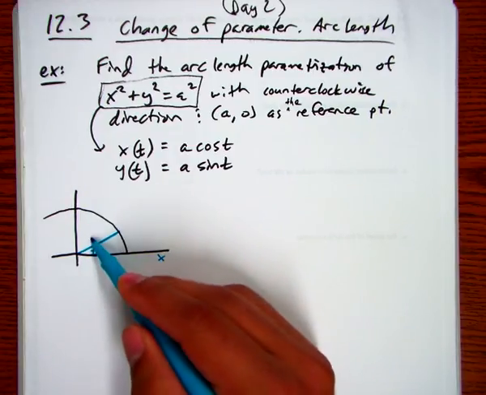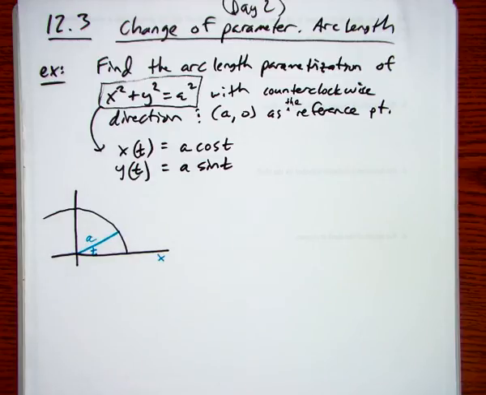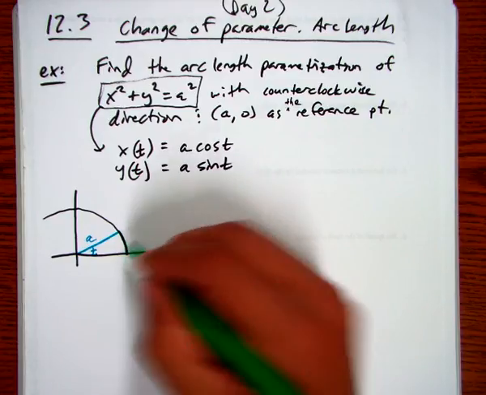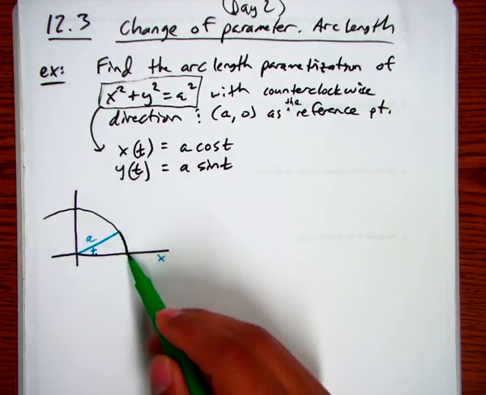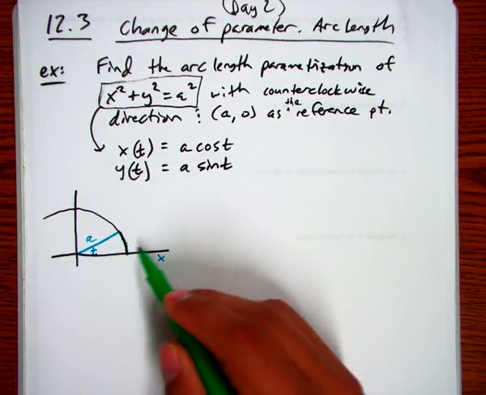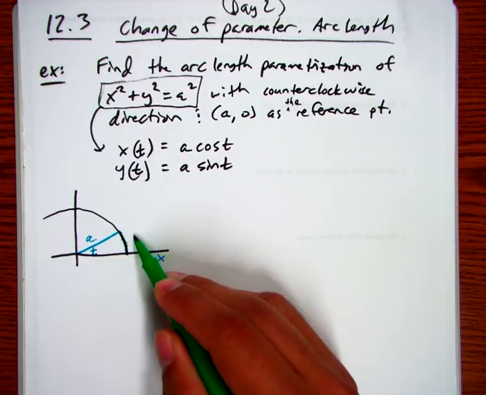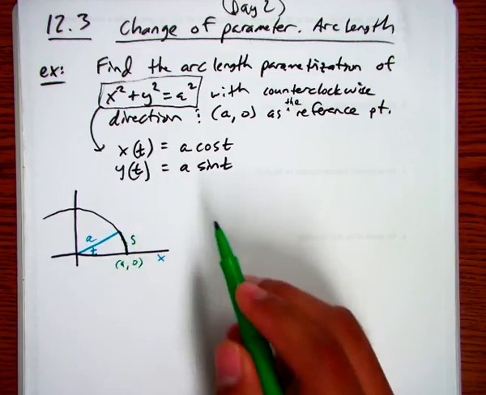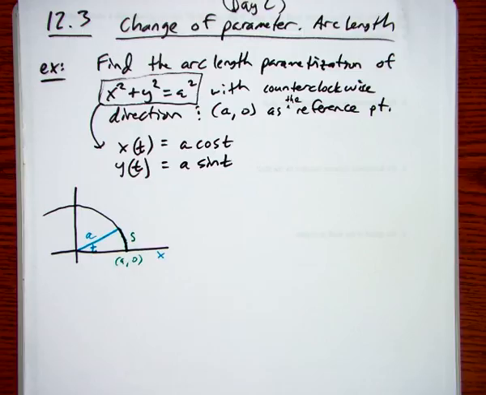Here's our radius. What is this piece here? That's the arc length. So let's call that S.